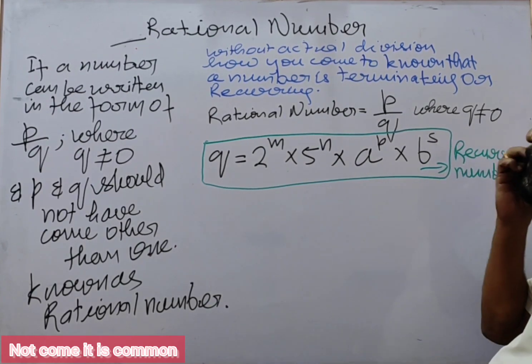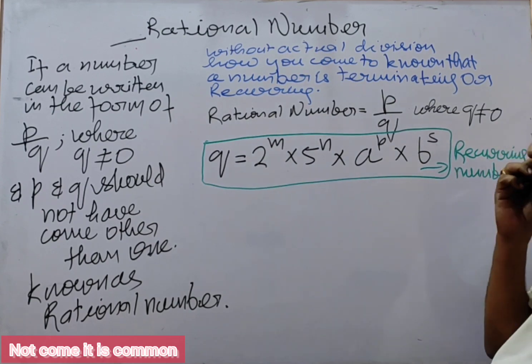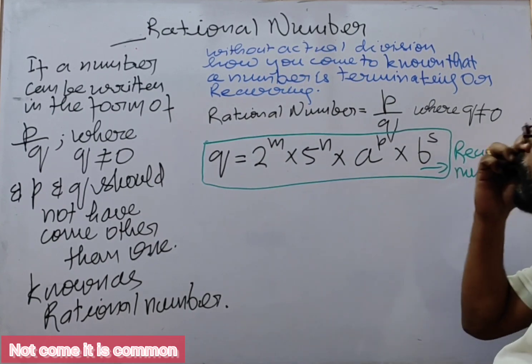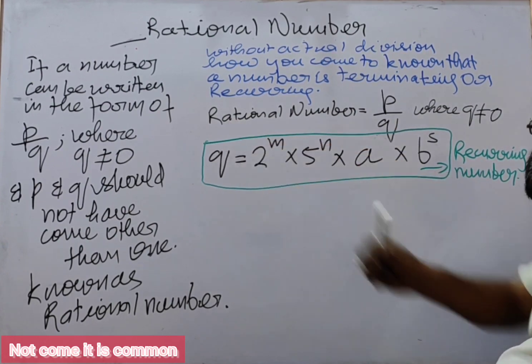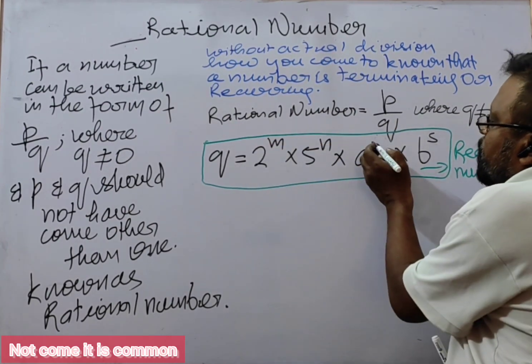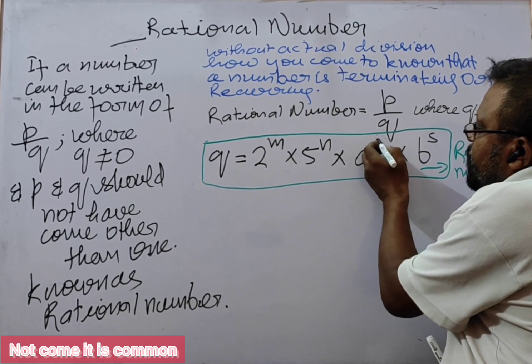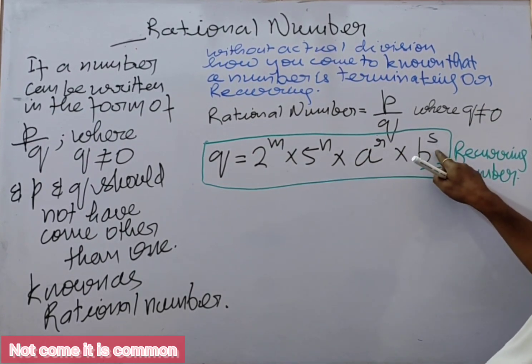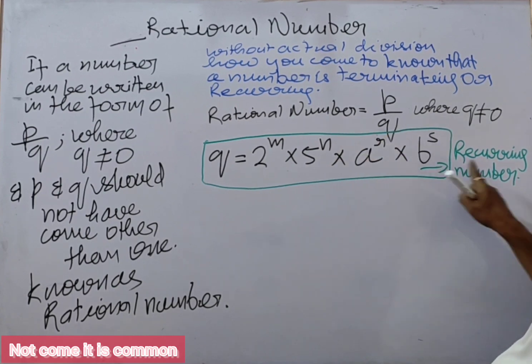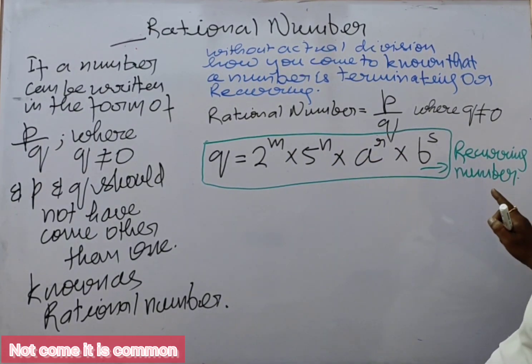They are two different things. Also I should not take p here, because I am also using p there. Anyone can get confused. So we take r: a raised to the power r, b raised to the power s. Then it is recurring. I hope you understand.